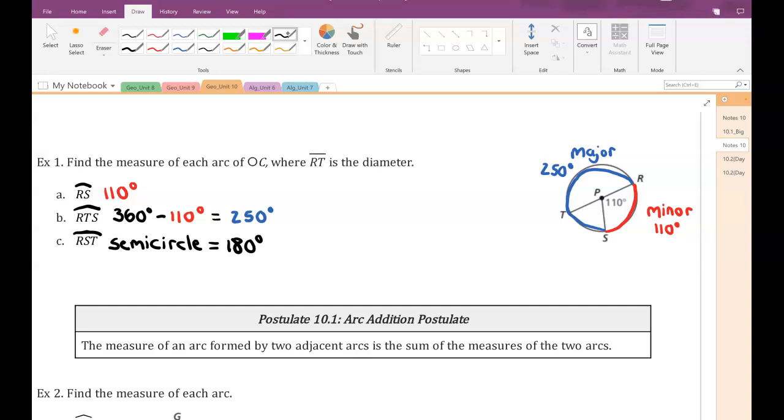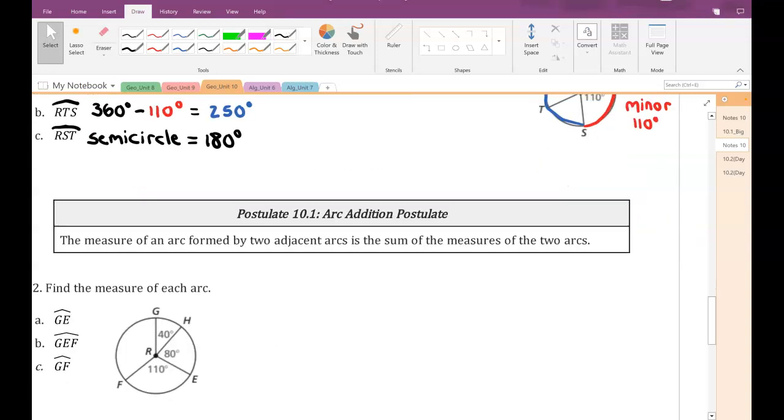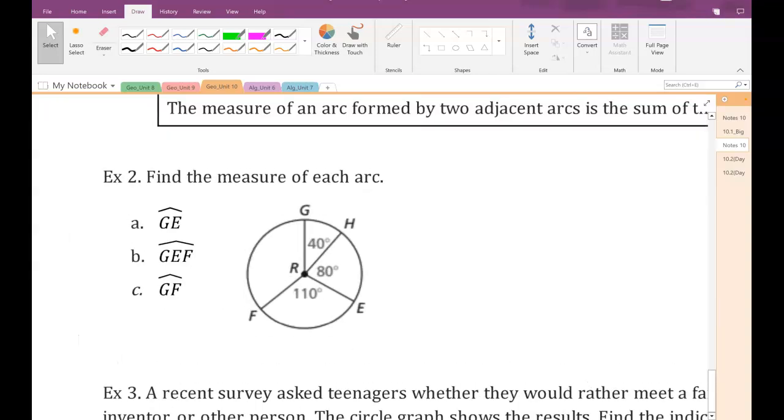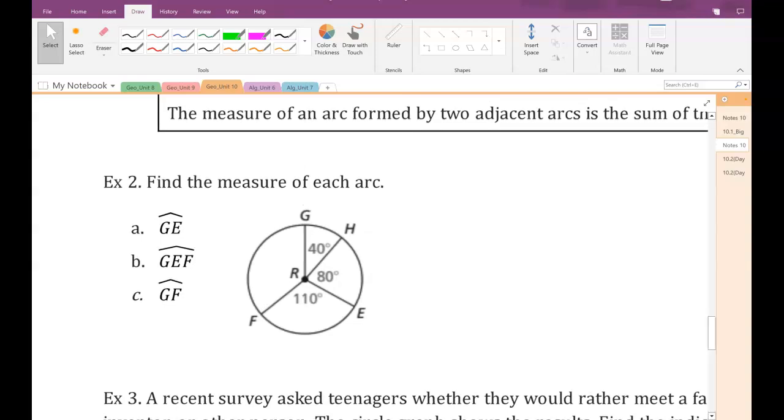Next piece would be just to mention, we've had a segment addition postulate and an angle addition postulate. Now we're having an arc addition postulate, which just means that to find the measurement of a larger arc, we can add a bunch of smaller ones together, which we'll do in this example. So to find GE, those are our 2 endpoints.